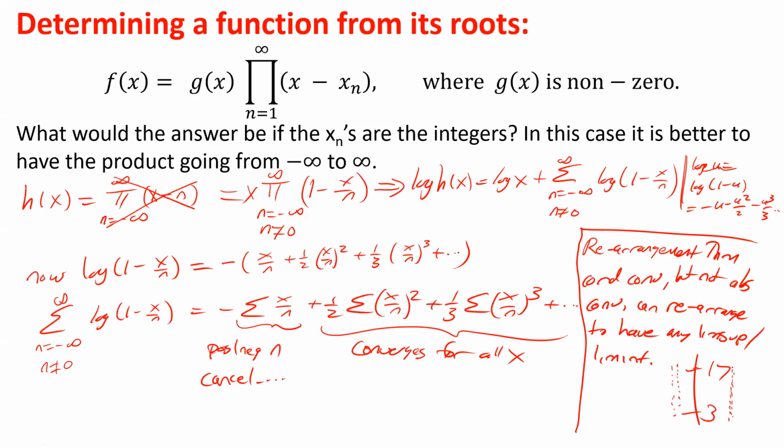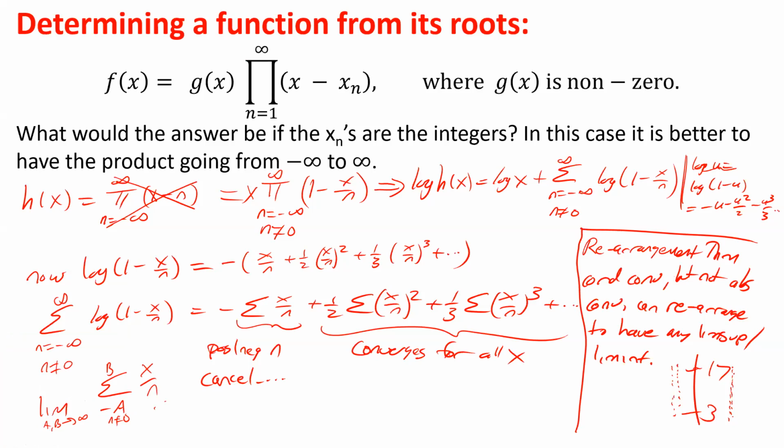So when we have a sum like this from negative infinity to infinity, really you should be interpreting this as the limit as a and b go to infinity of the sum from negative a to b, n not equal to 0, of x over n. If a equals b, then it's going to be fine and you'll have perfect cancellation.